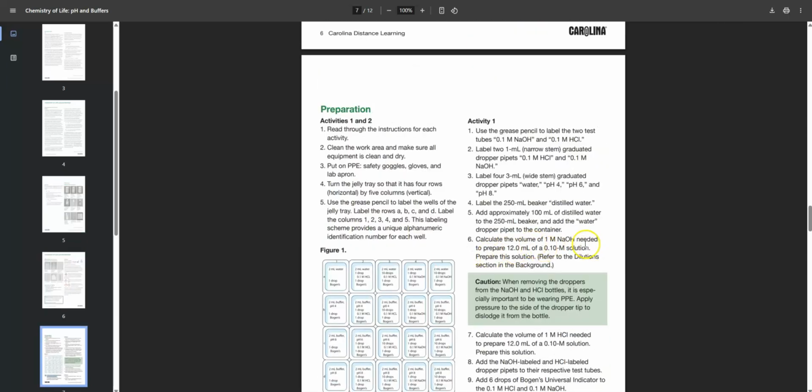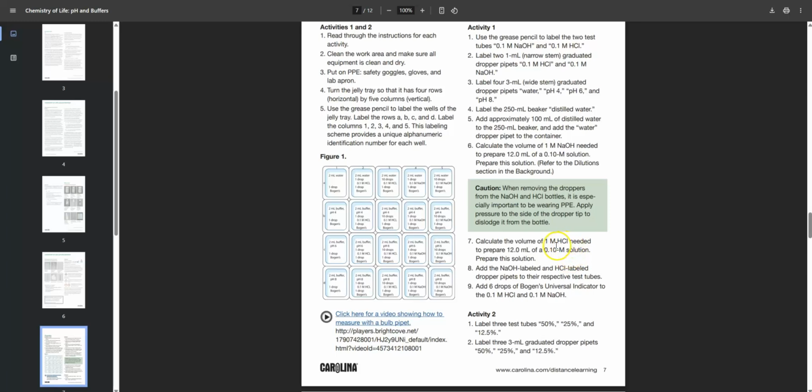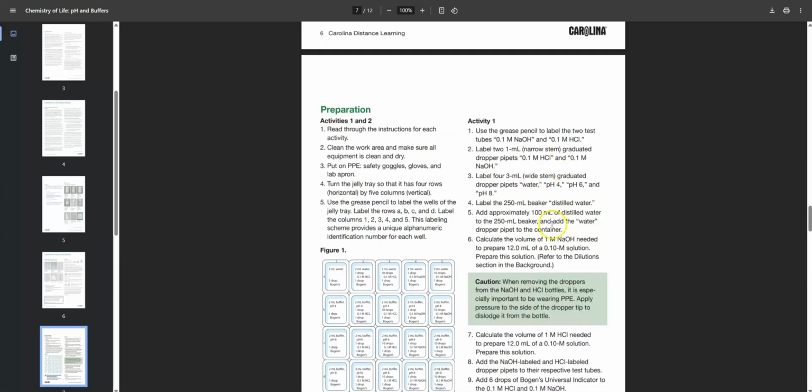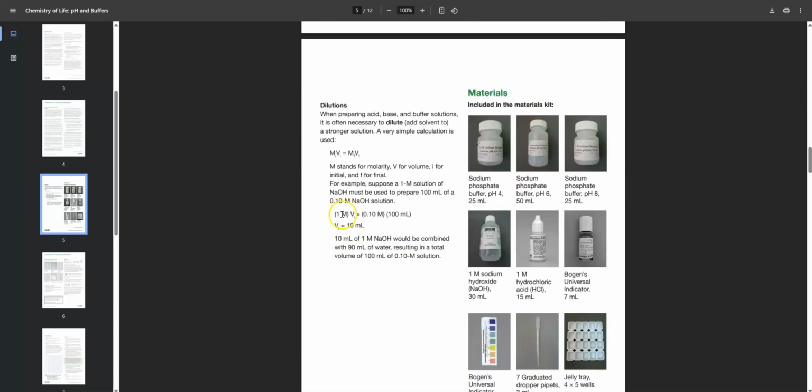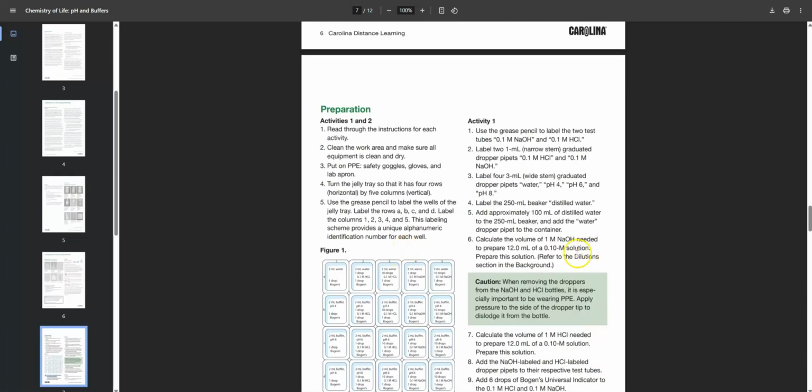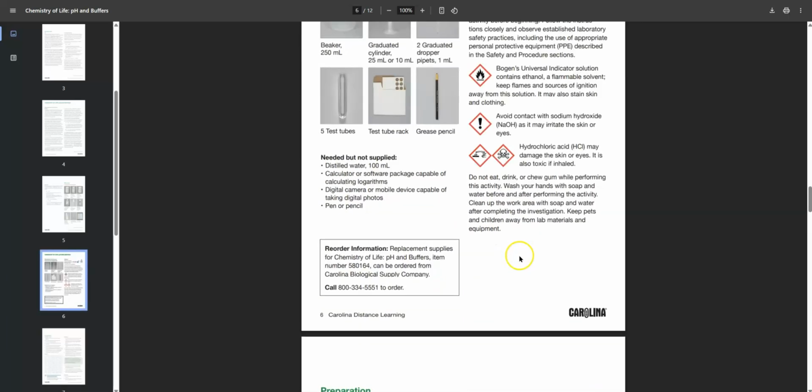Looking at the volume needed, you have to calculate the volume correctly for the sodium hydroxide and the hydrochloric acid. So you have 1 molar, and you've got 12 milliliters of a 0.10 solution. Basically what you just did: you need a 0.10 molar solution, but you're preparing 12 milliliters.